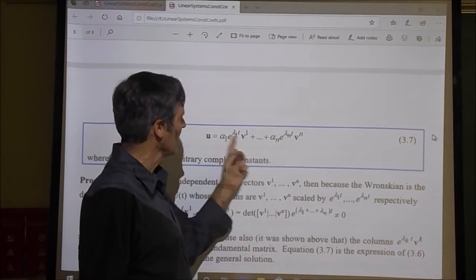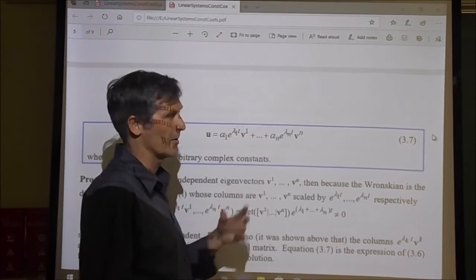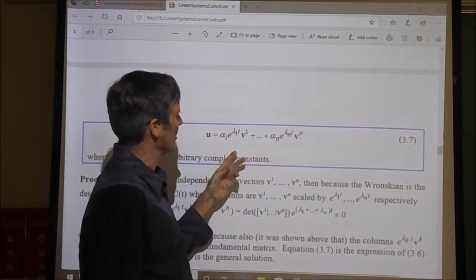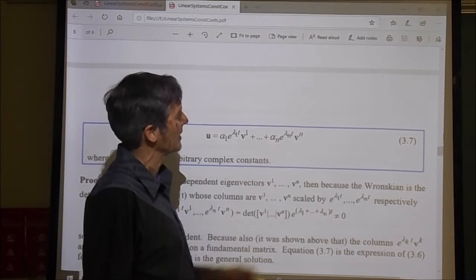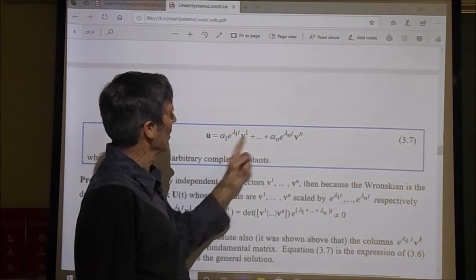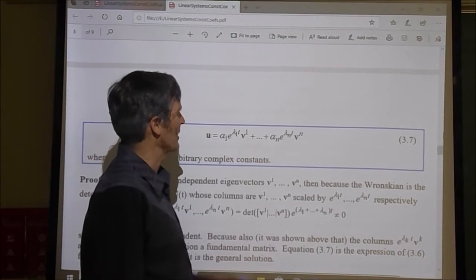Well, it's because in the general solution of our complex valued functions, the constants that multiply can be arbitrary complex numbers. So just like here, this gave you all complex solutions when you let alpha 1 through alpha n be complex. When you use the real solutions here and let these be complex, you still get all complex valued solutions.